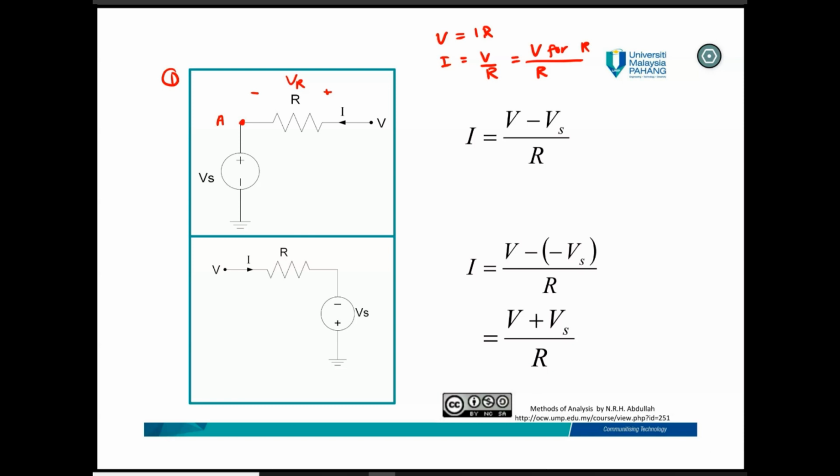Take a look at this figure. In order to find the VR, you must know the voltage at here and also at here.